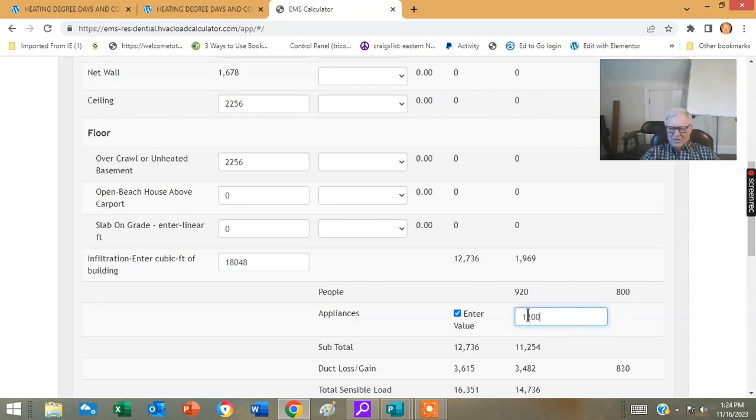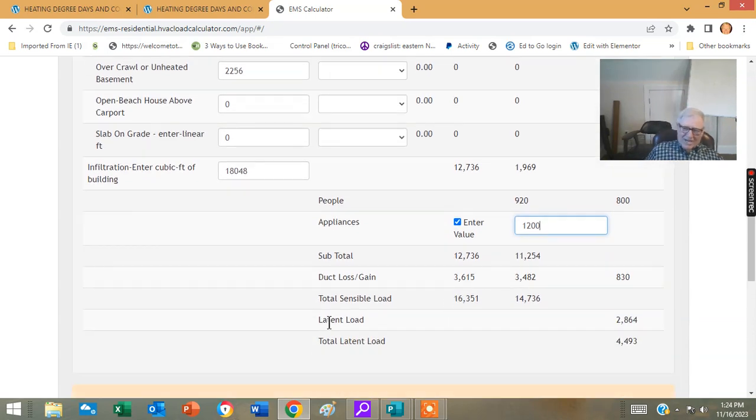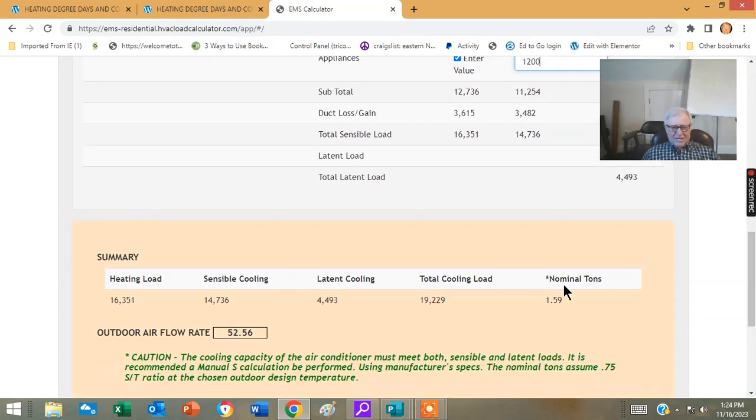Just go ahead and use it for almost all your calculations. The only time you deviate is if the homeowner was maybe in the catering business and had 4 ovens and a few grills and all that going in the house. So 1,200 will work for the most part for almost every house.